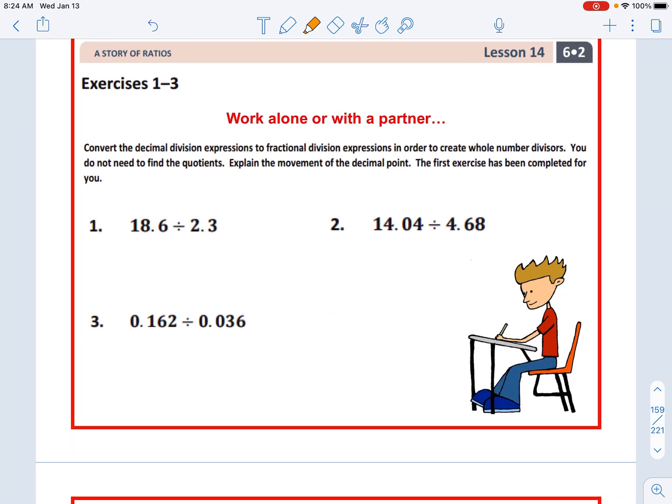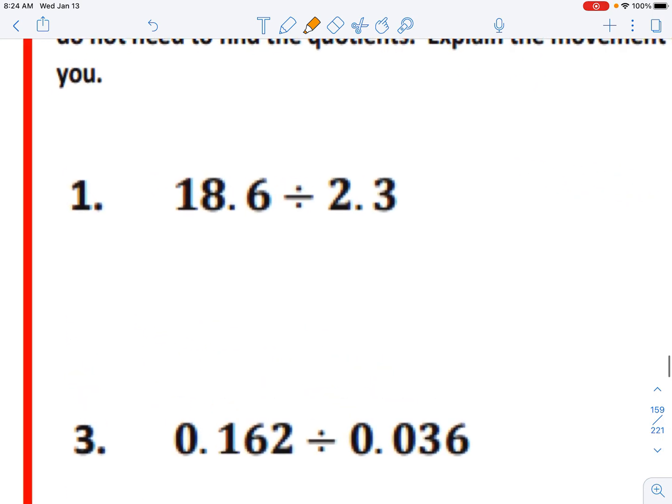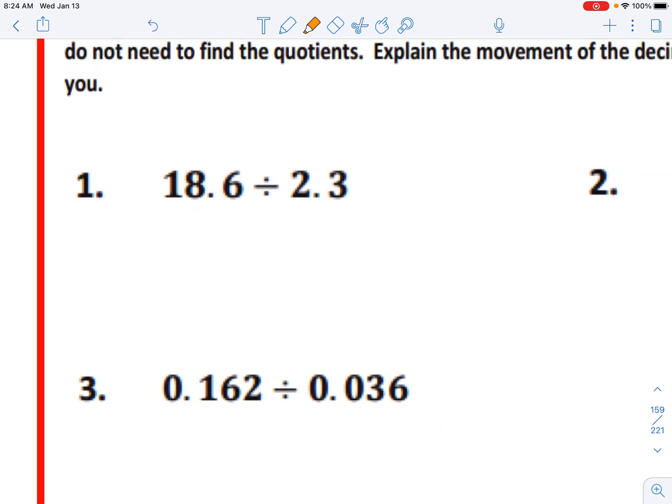Okay, so let's look at exercises 1 through 3. Okay, what we're going to be doing is we're just going to set these problems up, and we're not going to solve, we're just going to set them up the way we would if we were going to divide them. So I have 18 and 6/10 divided by 2 and 3/10. Okay, so we look at the divisor. All right, I have 2 and 3/10.